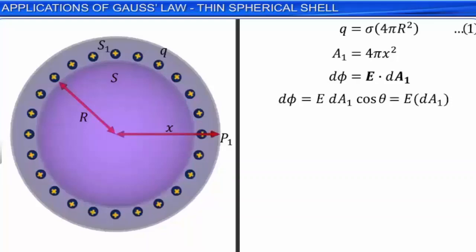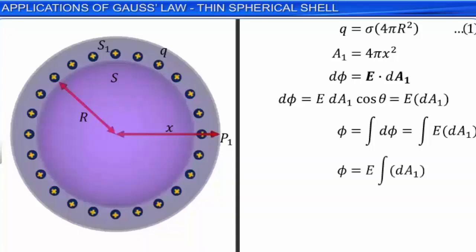Cos 0 is equal to 1. Therefore, d phi is equal to E dA1. The total electric flux phi is now equal to integral d phi, which is equal to integral E dA1. Since E is constant in magnitude for every point on the Gaussian surface S1, phi is equal to E into integral dA1.